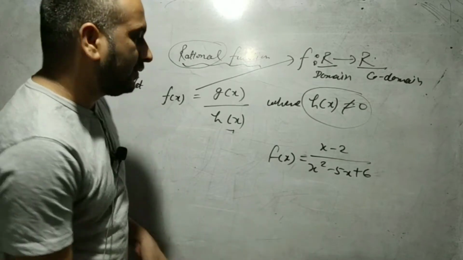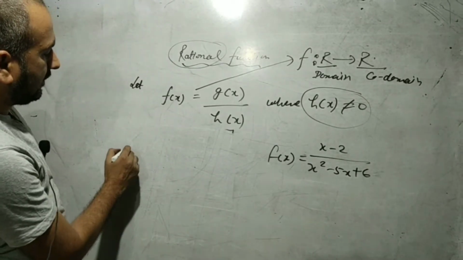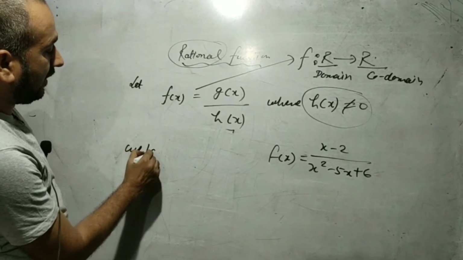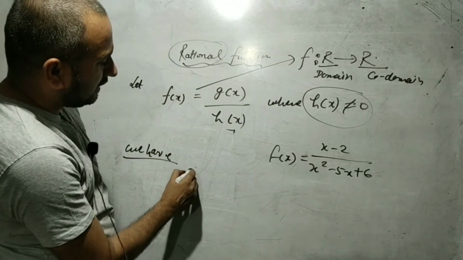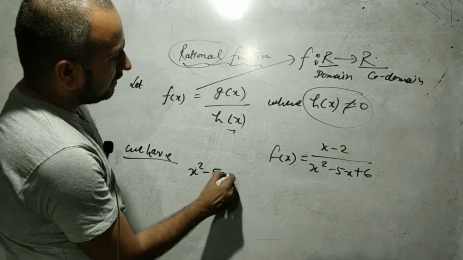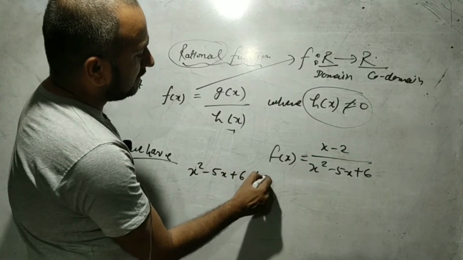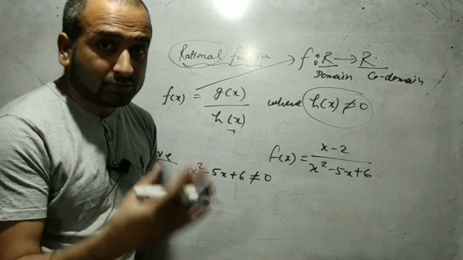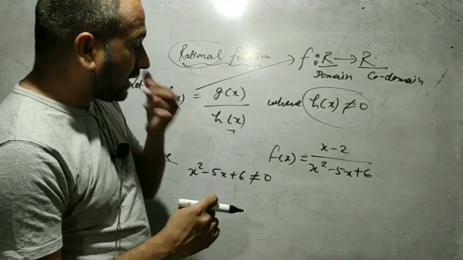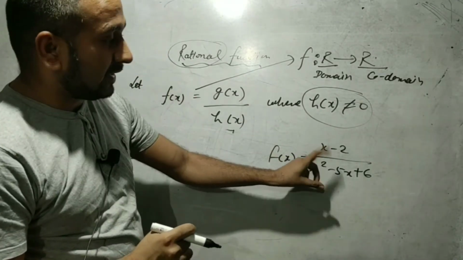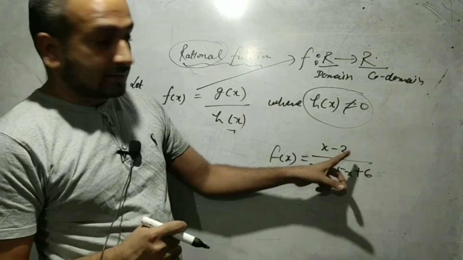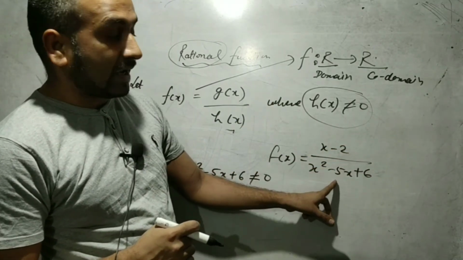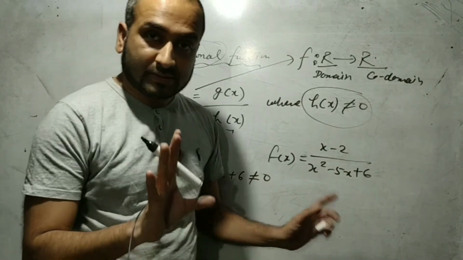The denominator never will be equal to 0, so x square minus 5x plus 6 does not equal 0, according to the definition of the rational function. We can identify it as written in terms of g(x) upon h(x). What is g(x)? x minus 2. What is h(x)? x square minus 5x plus 6.